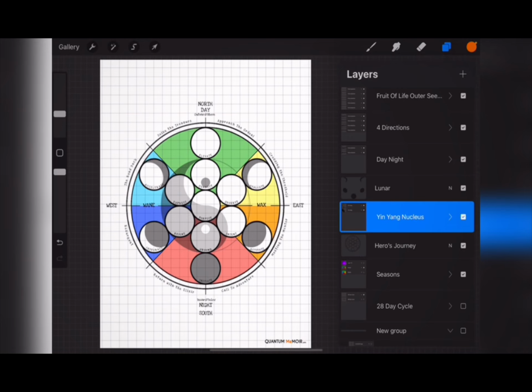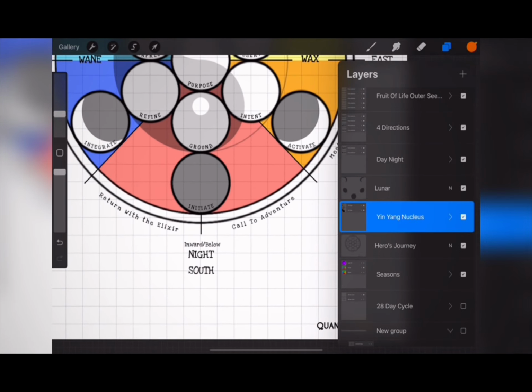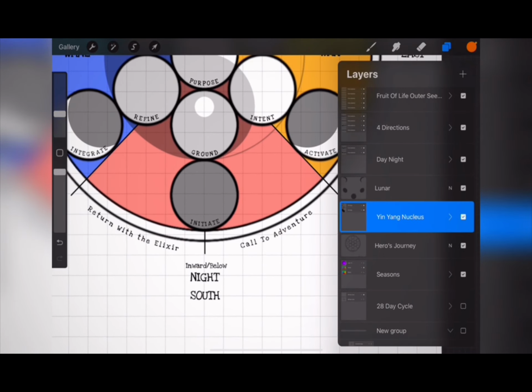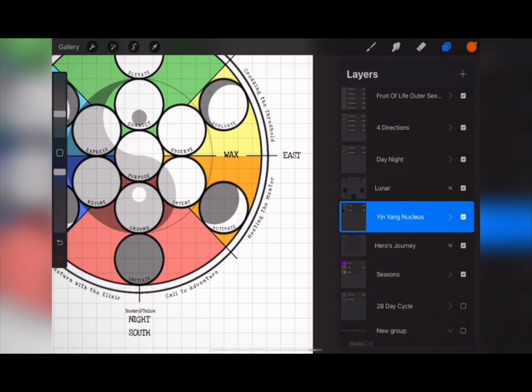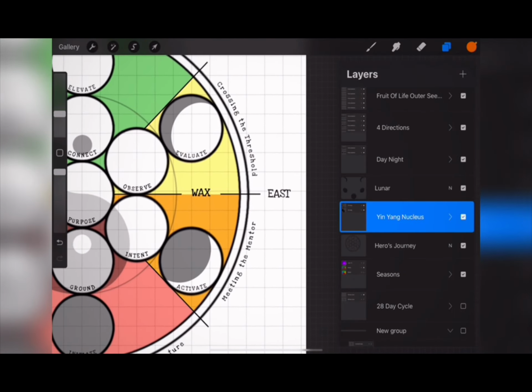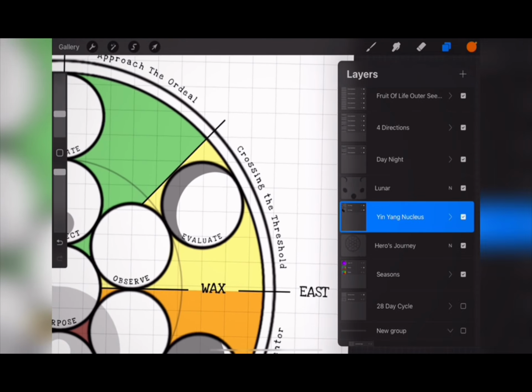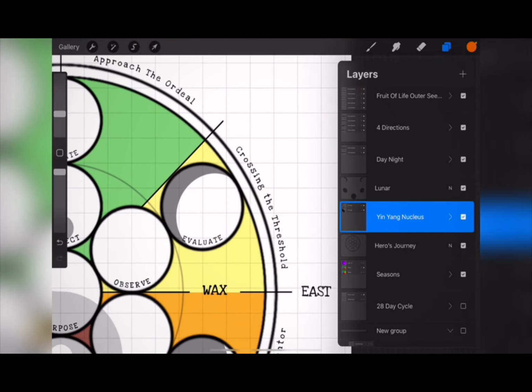So now that you have the color in here, you can really start to see and distinguish the difference between, down here, the red, the root chakra, the winter, the night, the inward, the initiation. And then over here we have spring, we have the east, we have everything starting to wax with the light starting to become brighter. You're crossing the threshold of that horizon line that we established.